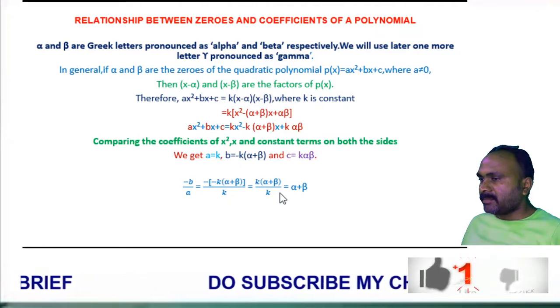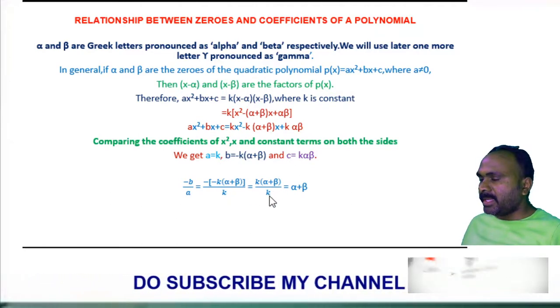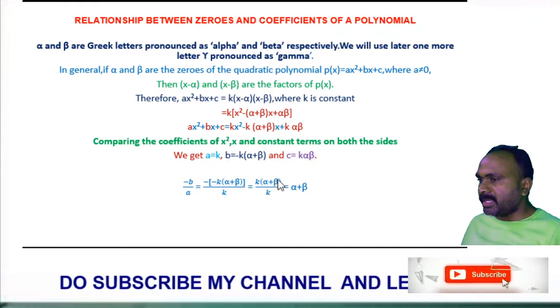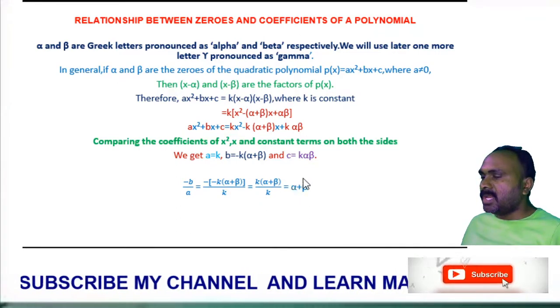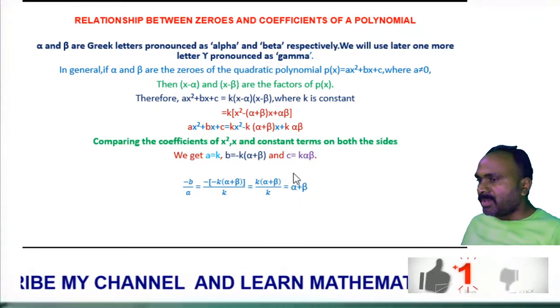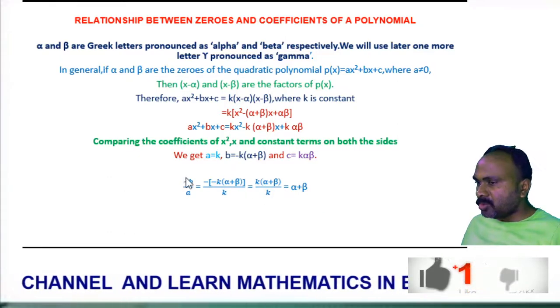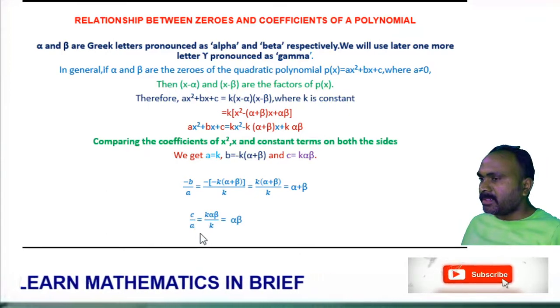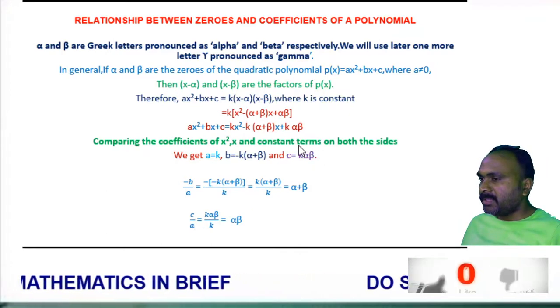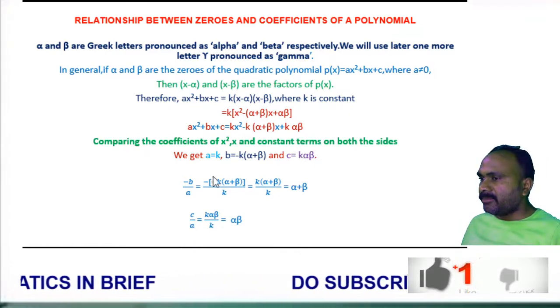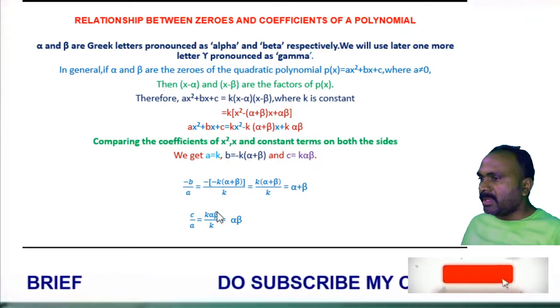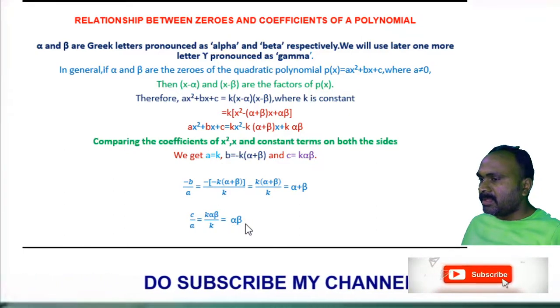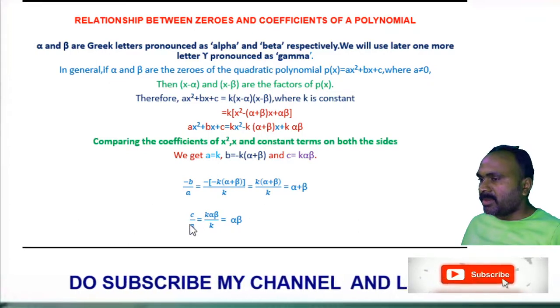So k of alpha plus beta by k gets cancelled, so alpha plus beta, the sum of zeros, equals minus b by a. Next, c by a. Here c is k alpha beta and a is k, so k gets cancelled, giving alpha beta. So alpha beta equals c by a.